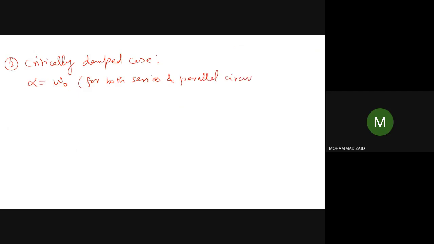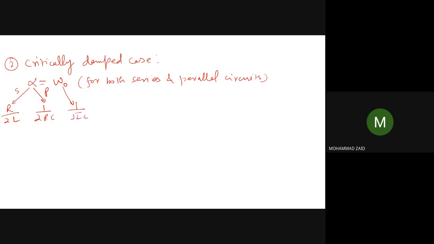Okay, alpha values I have already told you. For series, it is R by 2L, and for parallel it is 1 by 2RC. So depending upon whether it is a series circuit, it will be R by 2L, or if it is a parallel circuit, it will be 1 over 2RC, and omega naught will be equal to 1 over under root LC.